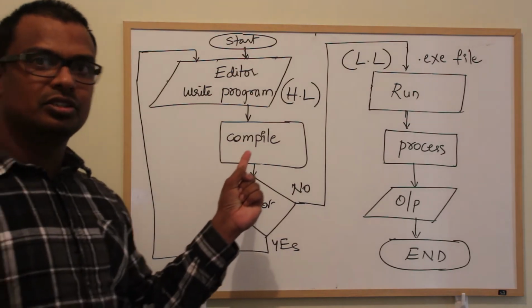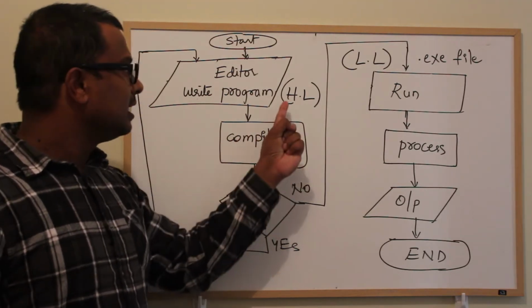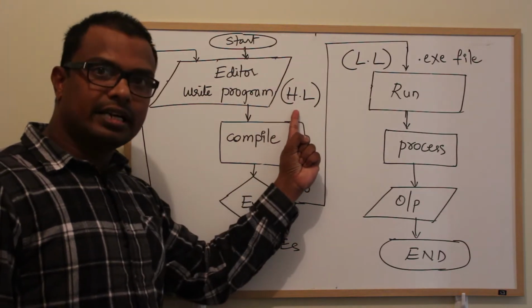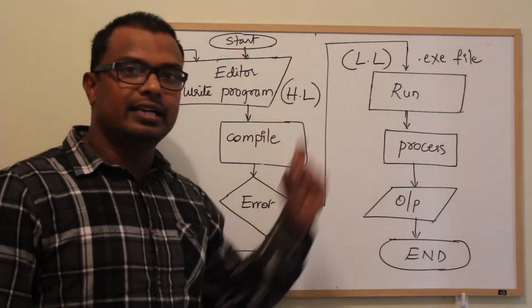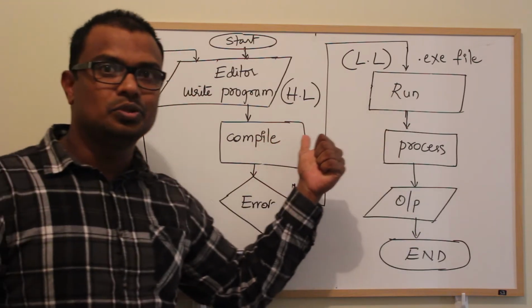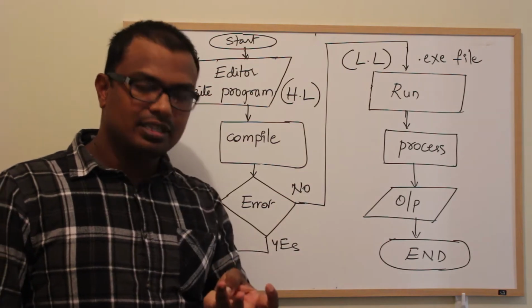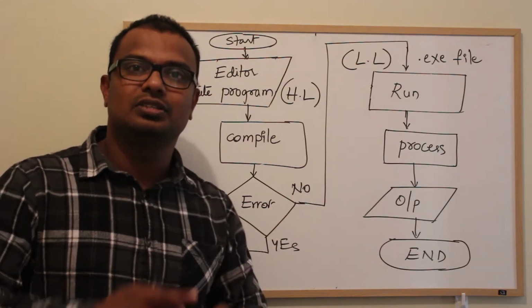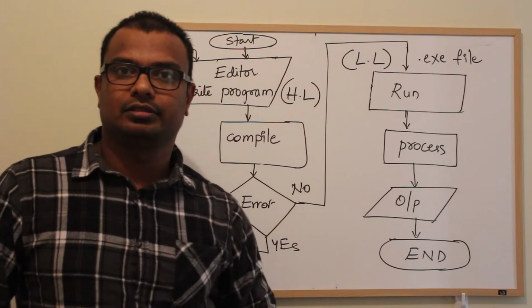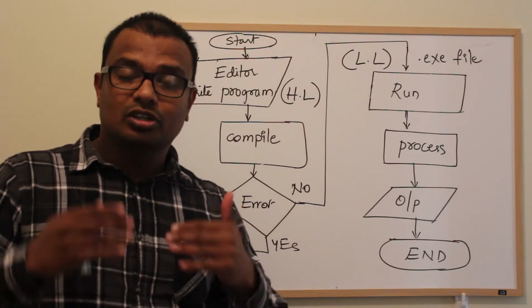So what is compilation here? Compilation means the process of converting high level language into low level language. What is low level language? High level language we discussed: it's a user understandable language. What is a low level language? Low level language is a language which can be understood by the computer. Generally, what does the computer understand?